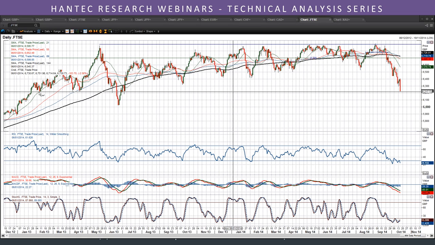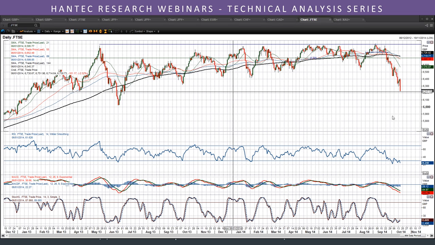Bit of support there, potentially coming in. But obviously the key low is that low that we got back at just above 6,000, 6,023. But again, on FTSE, unless the bottom is going to fall out of the whole world in terms of assets, at some stage you could imagine FTSE is going to have some sort of a rebound.